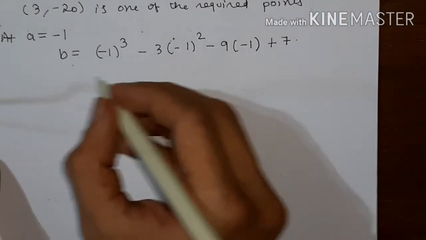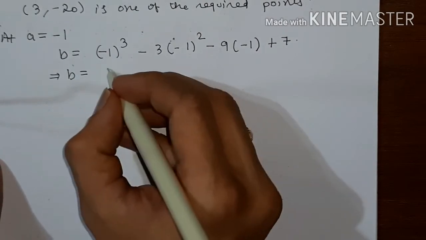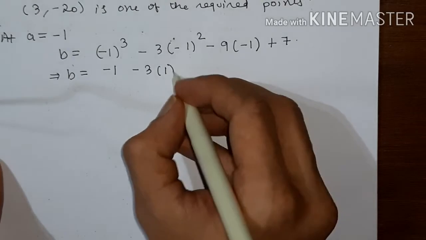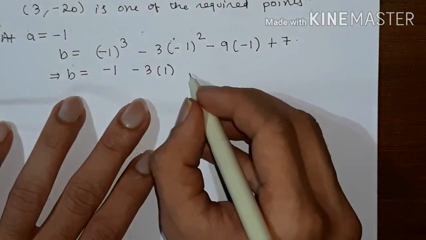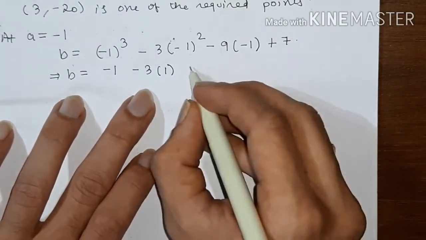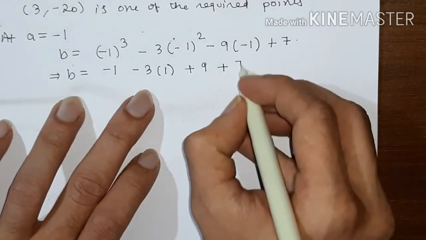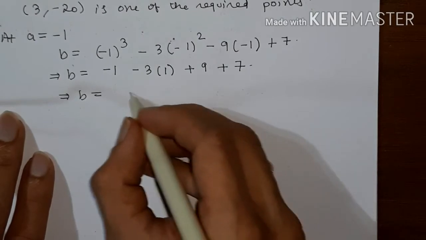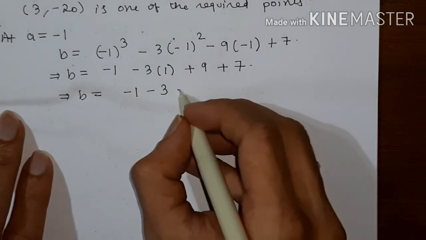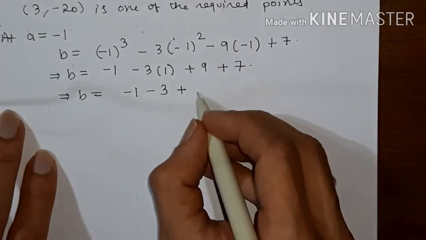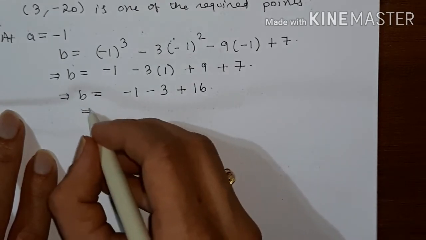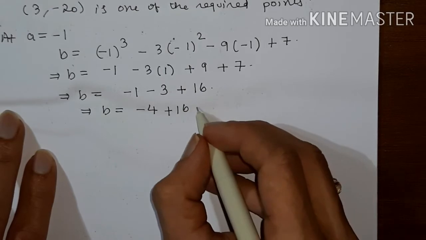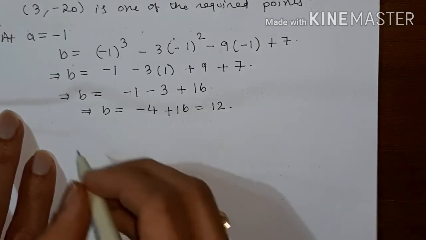So b equal to minus 1 minus 3 times minus 1 square, which is 1, then minus minus plus 9 plus 7. So b will be equal to minus 1 minus 3 plus 9 plus 7, which is minus 4 plus 16, that is 12.